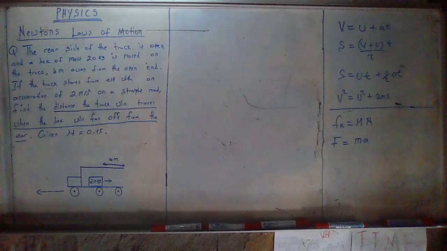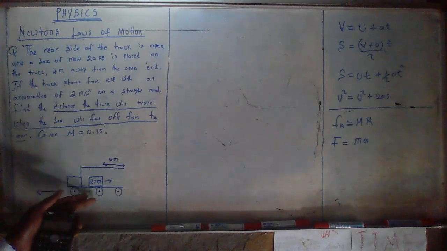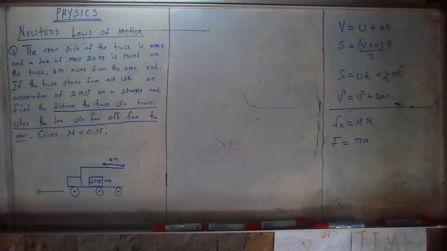Amazing. From those 4 formulas, which formula should we use? For the first one, since this track was starting from rest, meaning that the initial velocity was 0, yes, amazing. But what about the final velocity?